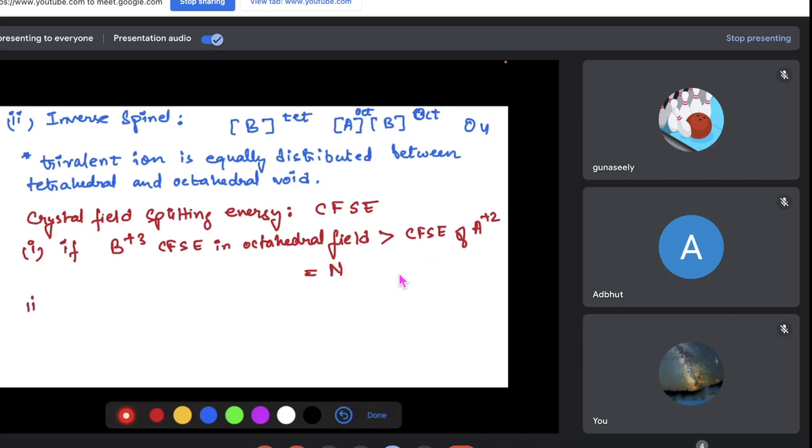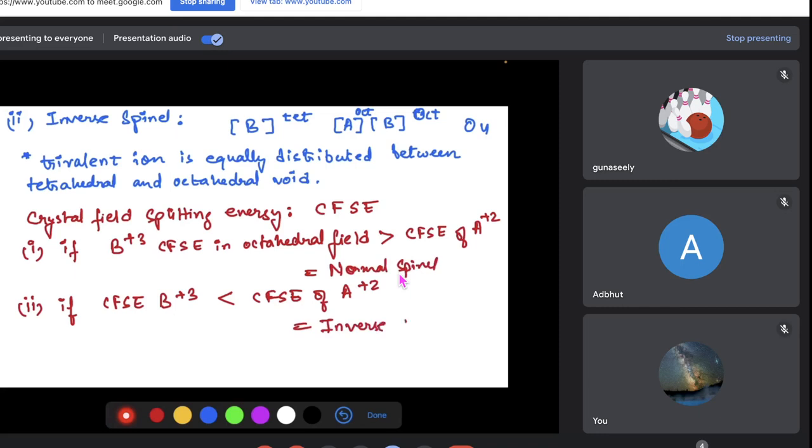Similarly, if the CFSE of my trivalent metal ion is less than the crystal field splitting energy of my divalent metal ion, then it will be an inverse spinel. Okay.